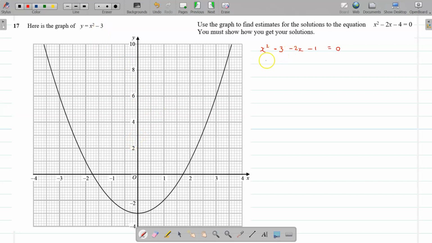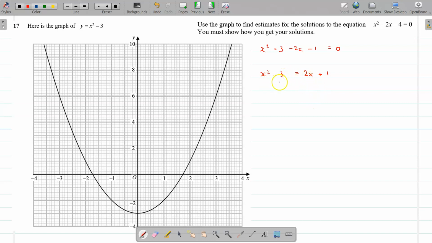And what I'm now going to do is put the other stuff that isn't x squared minus 3 on the other side of the equation. So therefore, x squared minus 3 must equal, add 2x and add the 1, you see, to the 0 that's there at the moment. So I've now got this.